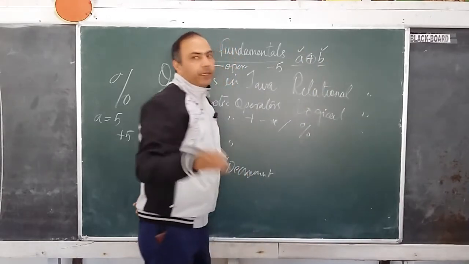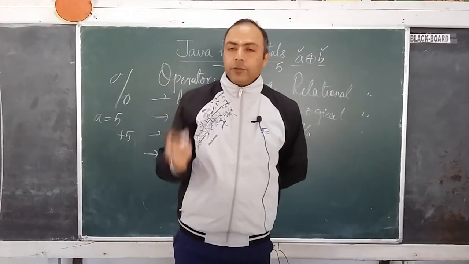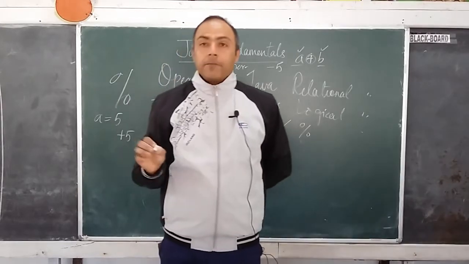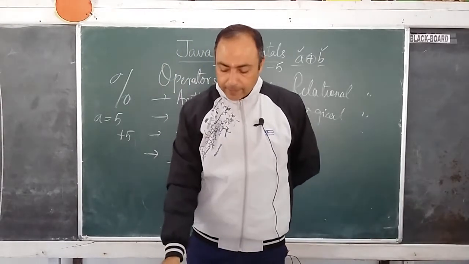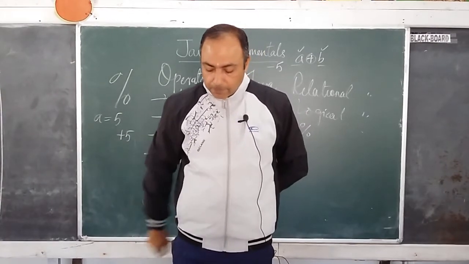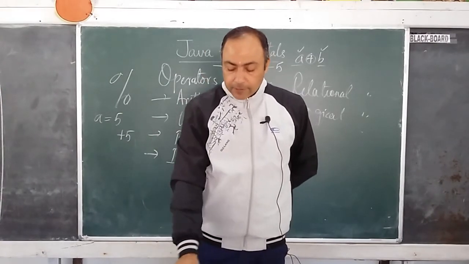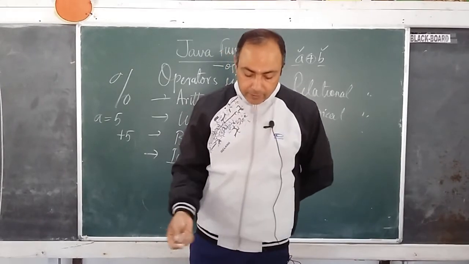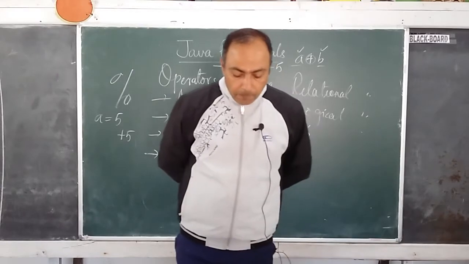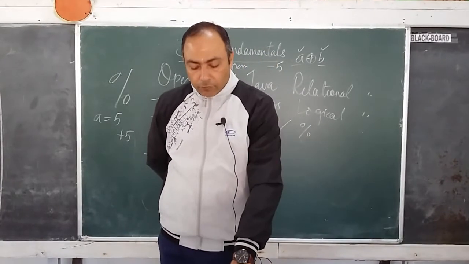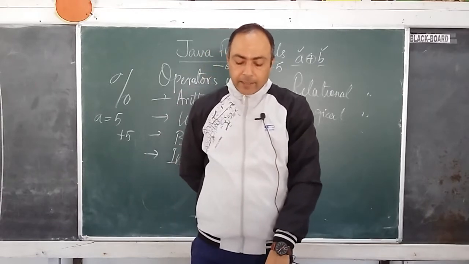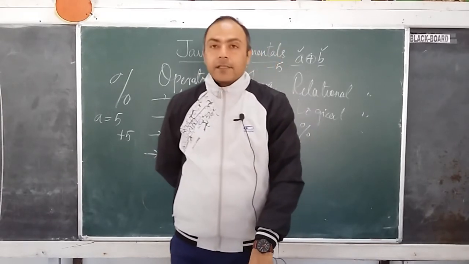Addition, subtraction, multiplication, division, modulus, these are the binary operators. The modulus operator finds the modulus of the first operand related to the second, that is, it produces the remainder by dividing the first by the second operand.